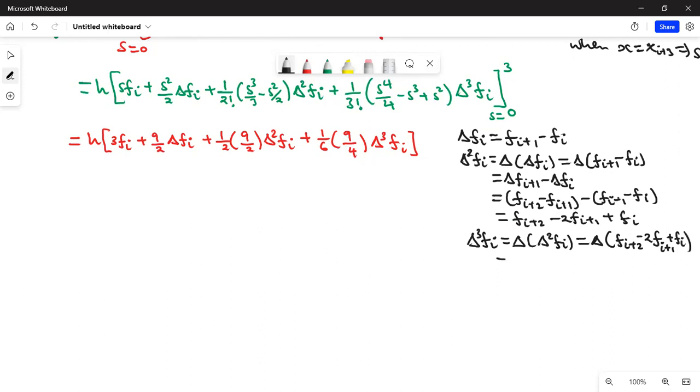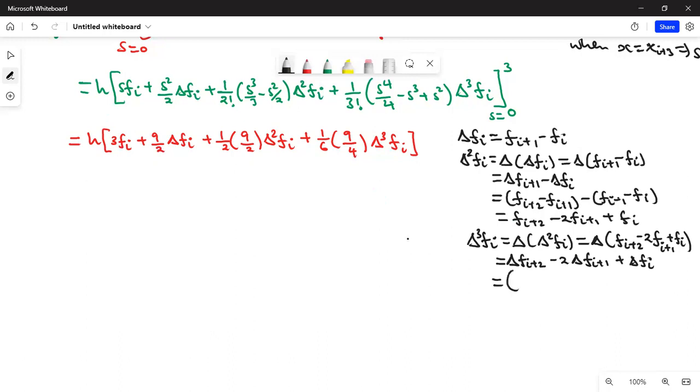When you break it down, it will be forward of fi plus 2 minus 2 times the forward of fi plus 1 plus the forward difference of fi. Work out each of them.